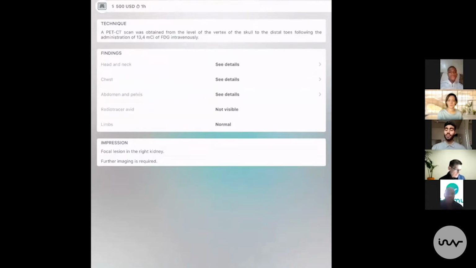And the PET-CT says that from the vertex of the skull to the distal toes, the impression is a focal lesion in the right kidney, and further imaging is required. We could go for the details if you want, but generally, I think the PET-CT is negative, and it could be repeated later, especially if some markers would be positive for renal cancer.